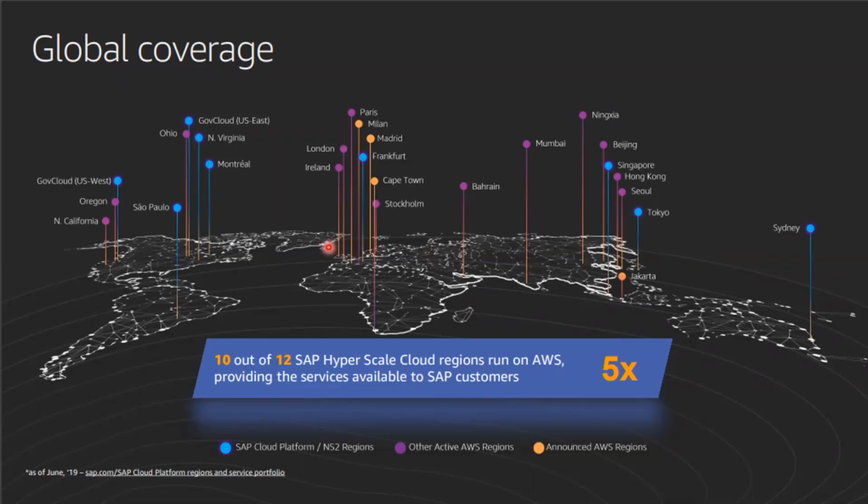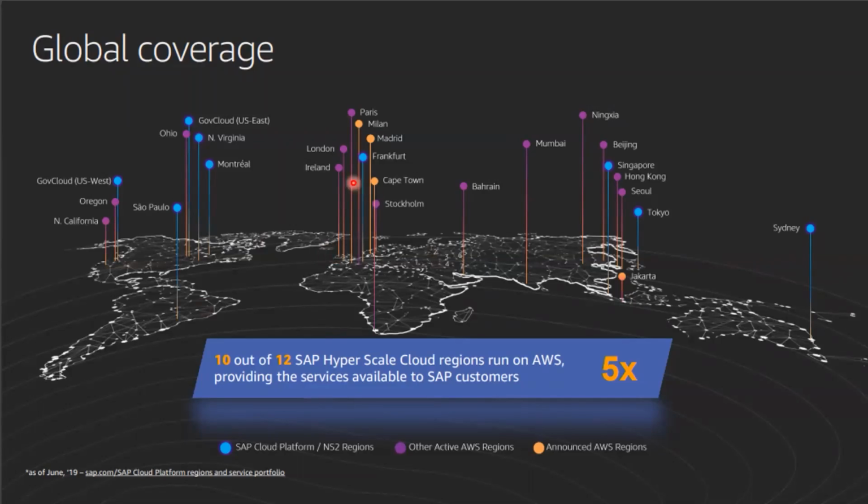So yes, 10 out of 12 SAP hyperscale cloud regions run on AWS. In blue, you can see SAP Cloud Platform, NS2 region. This is also on AWS. And in purple, you have active AWS regions.